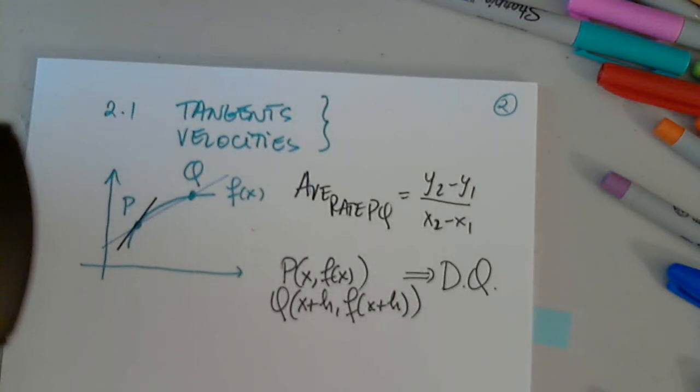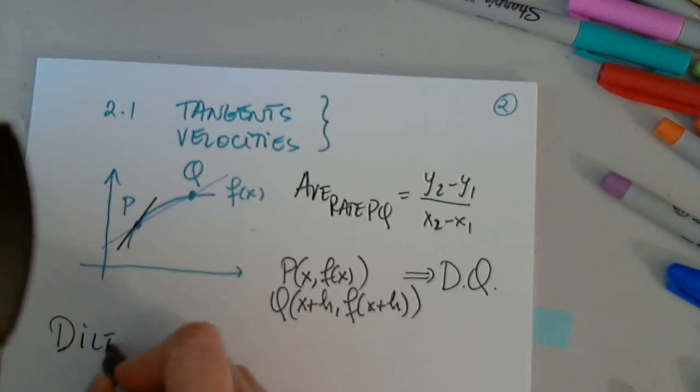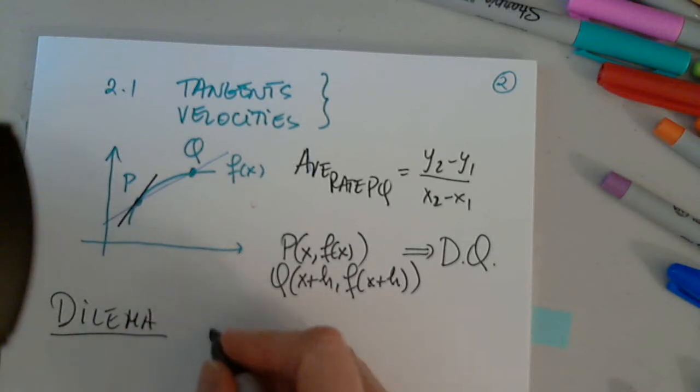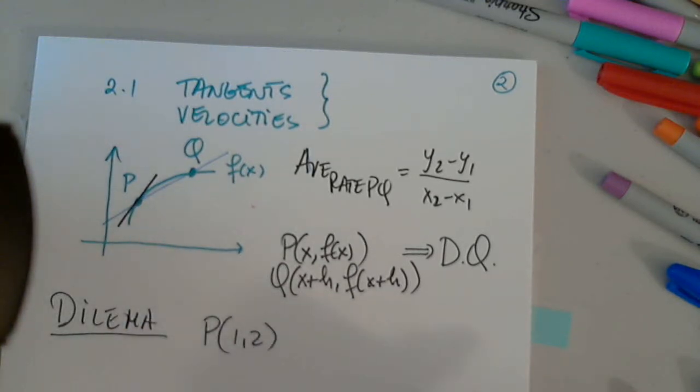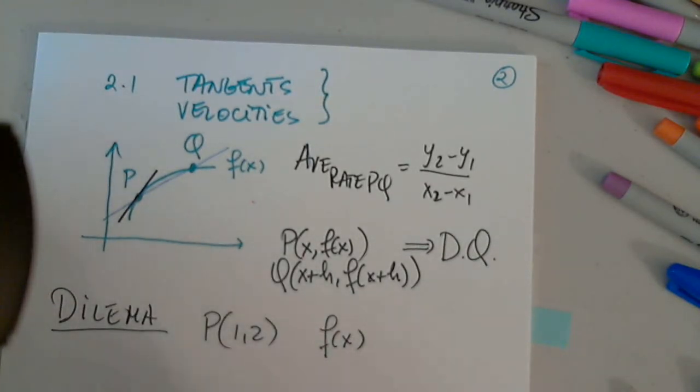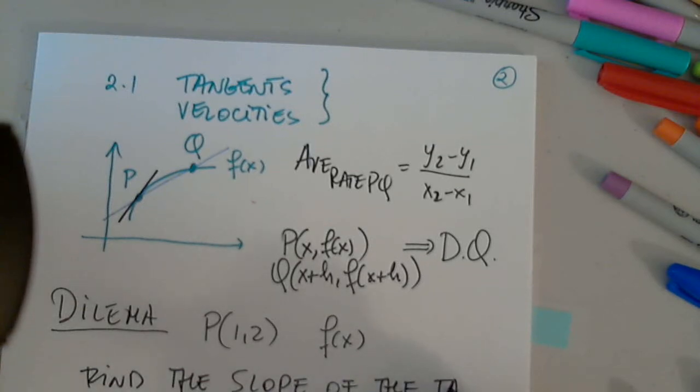And now I would like us to pick a problem and discuss how we determine this. Now, here is the dilemma. If I'm given a point, let's say 1, 2, and I have a function, and I am asked to find the slope of the tangent line to f of x at P 1, 2.